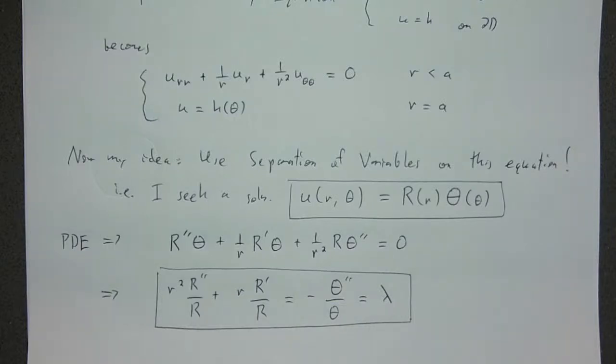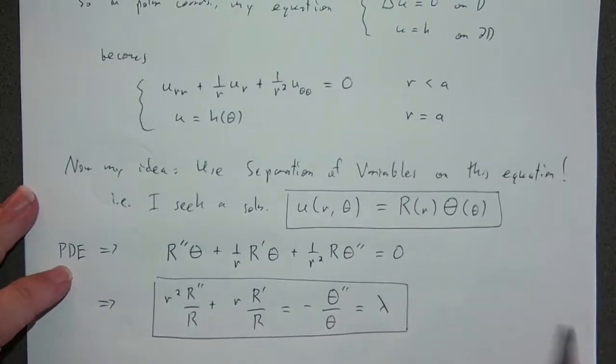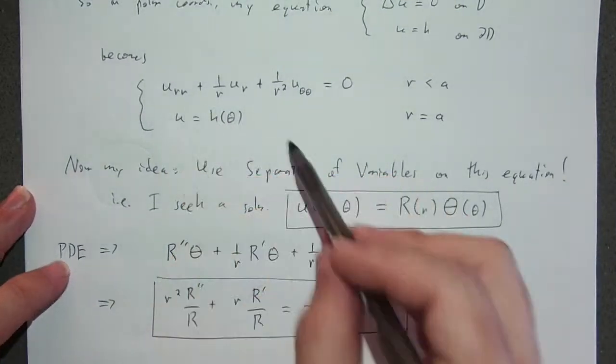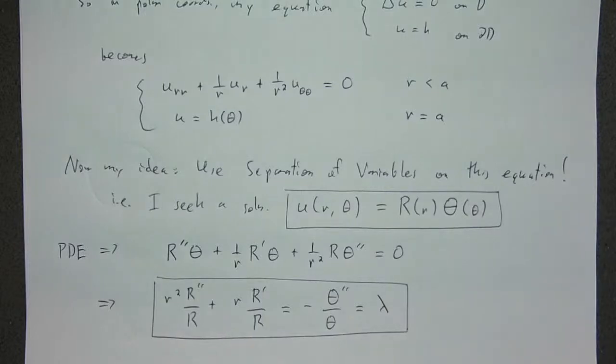Well, the only boundary conditions I have come from here. Well, that has to be used for my initial conditions somehow. But how does that make any sense? How does this work?